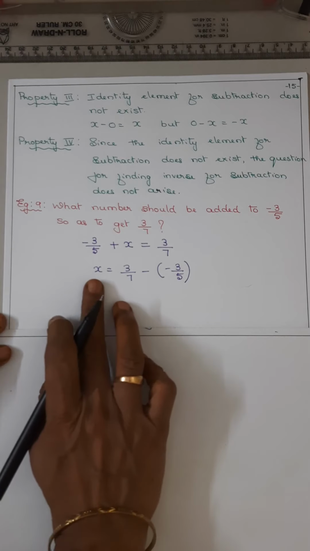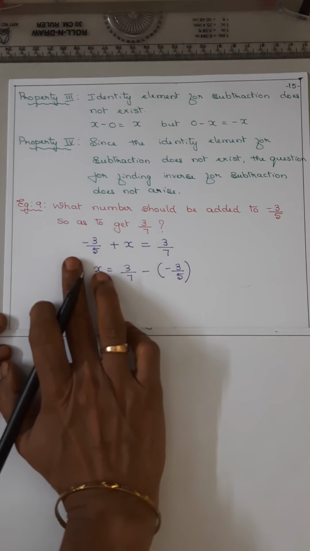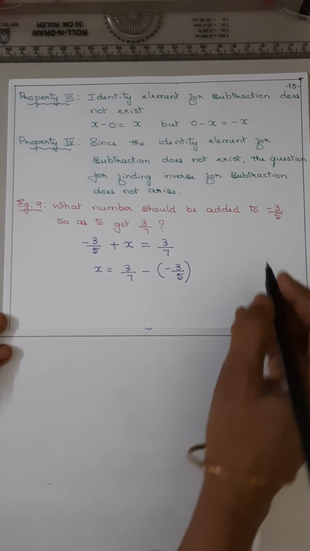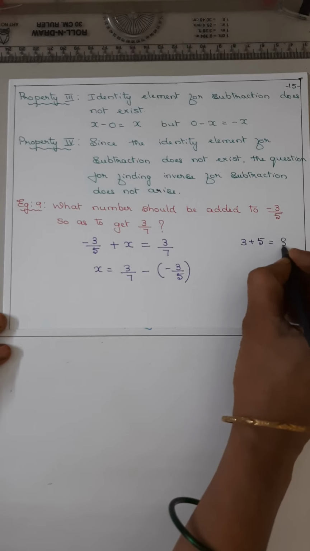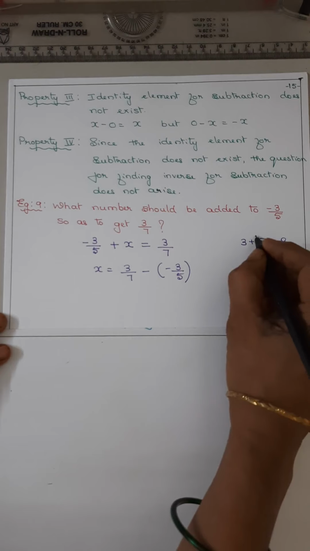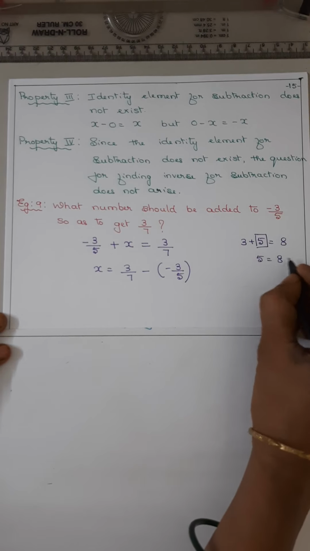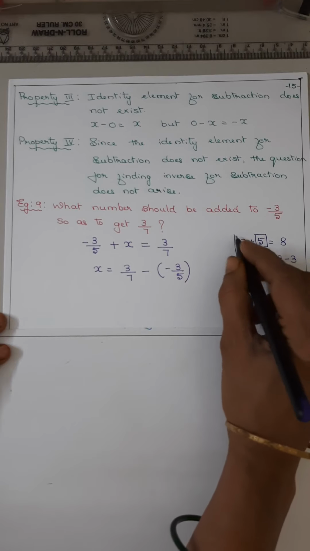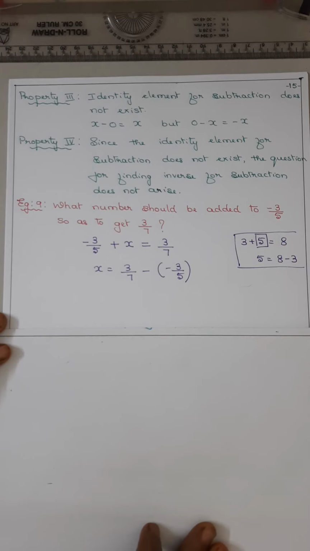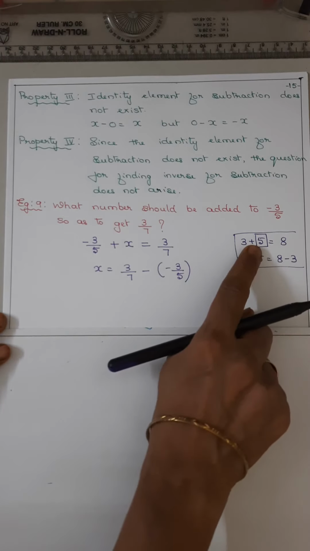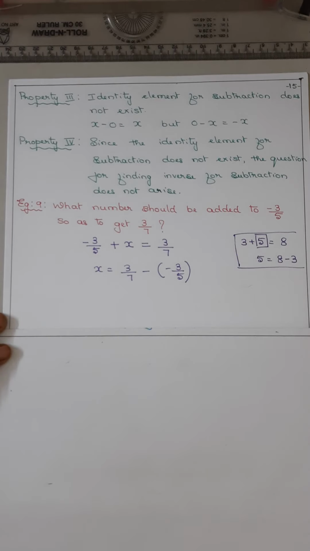Remember, to get the second number, third number minus the first number. Like 3 plus 5 is equal to 8. To get this 5, what are we going to do? 8 minus 3. Yes or no? So, the same method we have to use here.